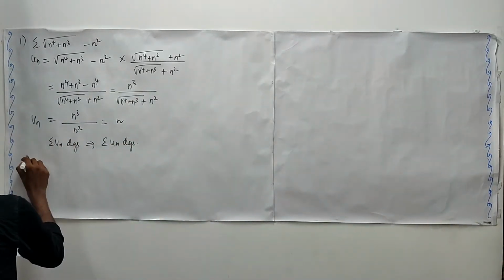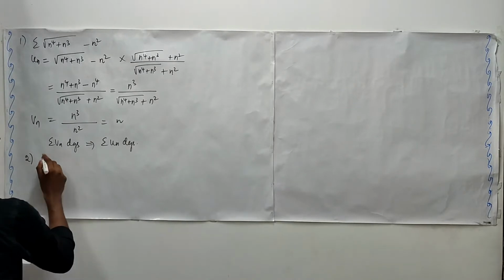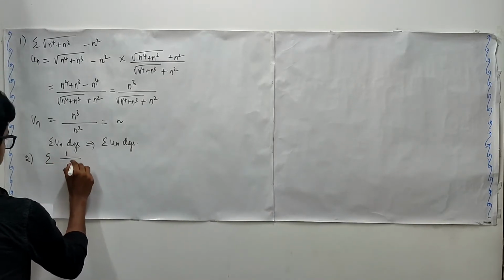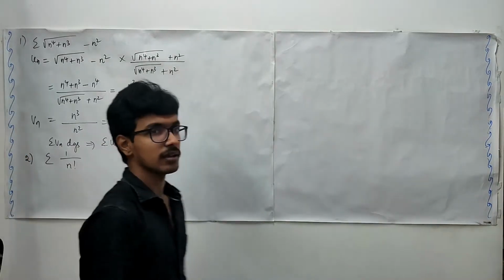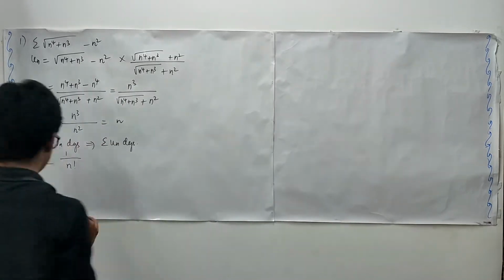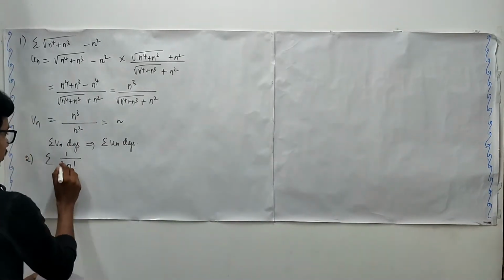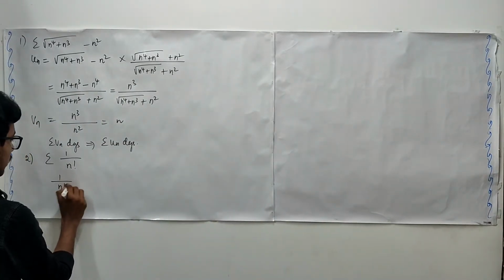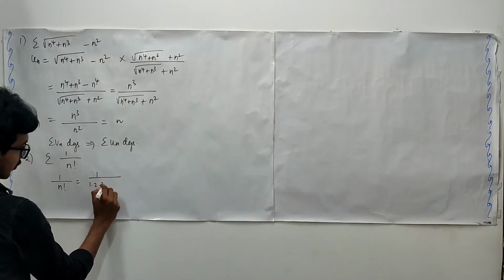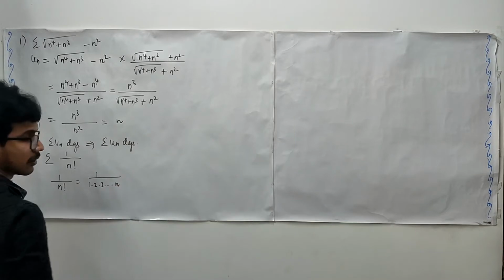Let us see the other problem, that is summation 1 upon n factorial. Here, 1 upon n factorial may be written as 1 upon 1 times 2 times 3, and it goes till n.